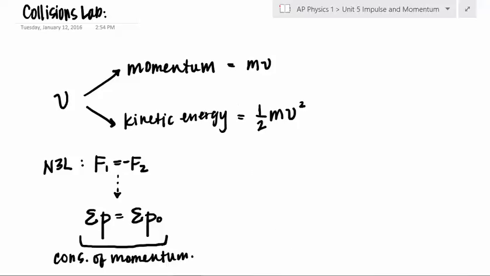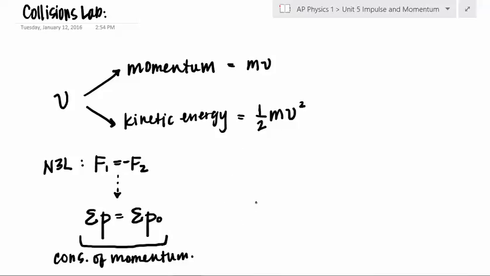Now, we also have studied energy already. And what did we learn about energy in the world and the universe and the systems? It's never what? Created or destroyed. Therefore, it is conserved. Very good.